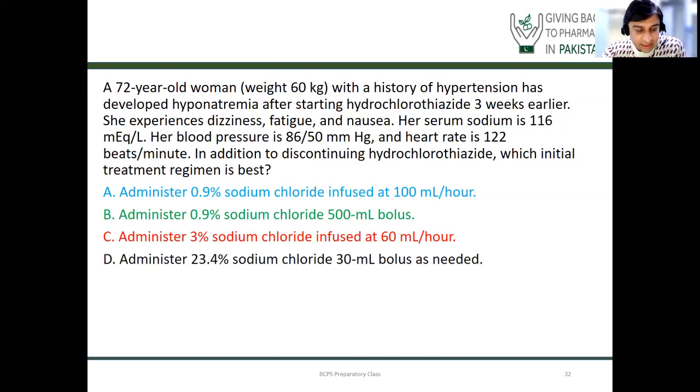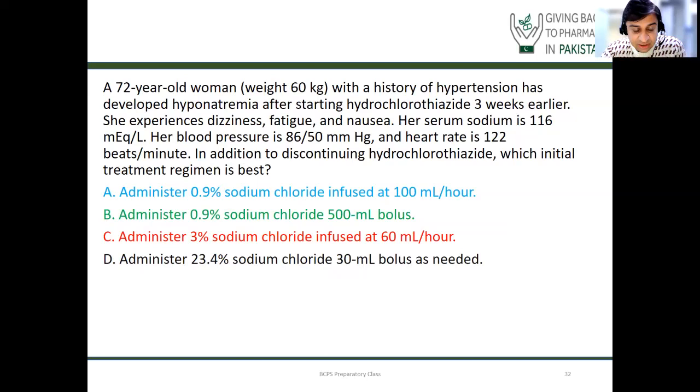So what is the right option? As we discussed, we always give fluid for resuscitation in the form of boluses. So option A is not the right option, which is 100 ml per hour, as this replacement will take time. Similarly, there are very limited indications of 3% and 23.4%, which we will discuss in the upcoming slides.